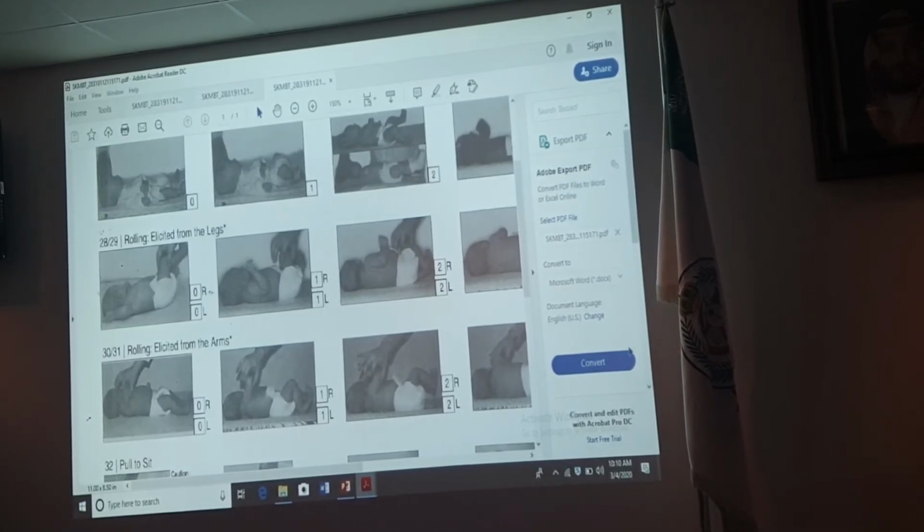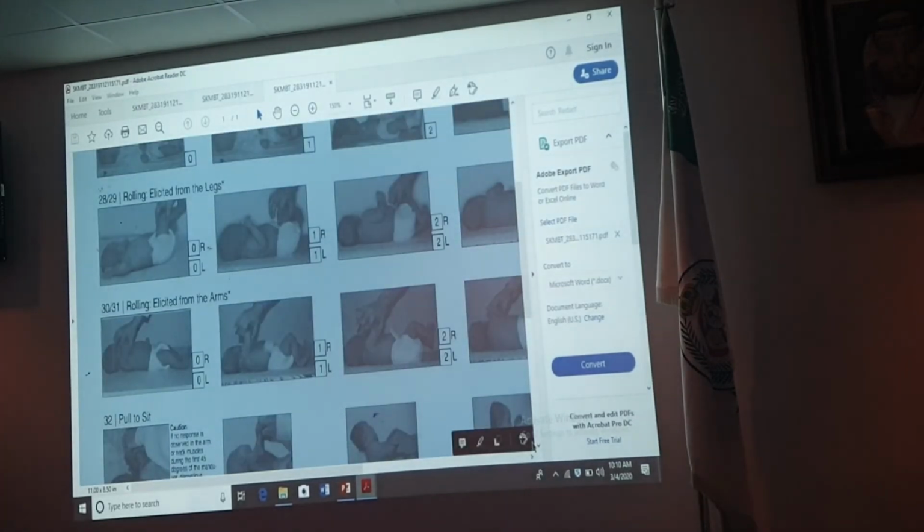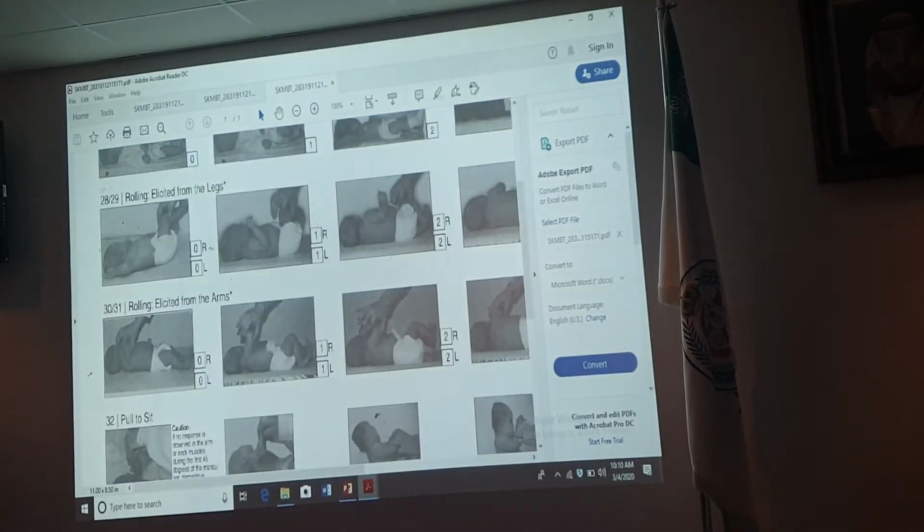Okay. Now you have rolling from the legs. This is rolling from the arms. So now you are moving from the hand.